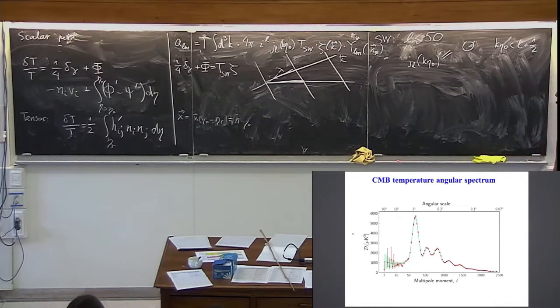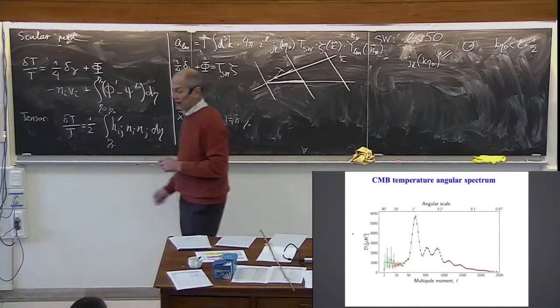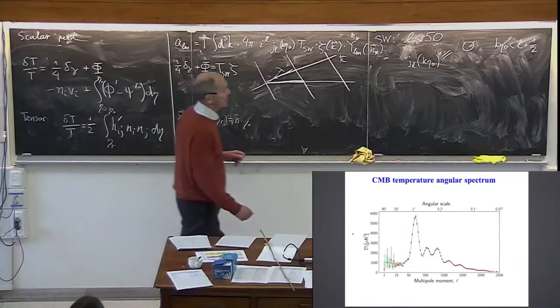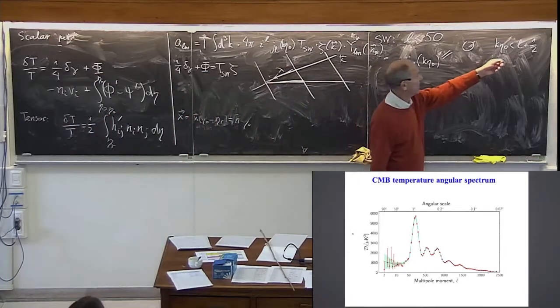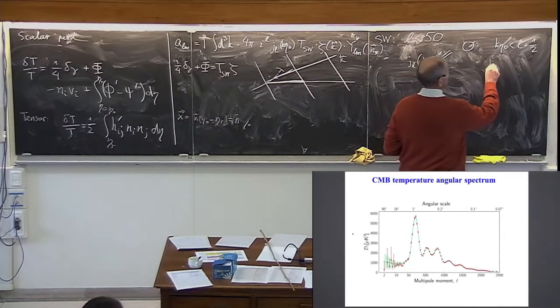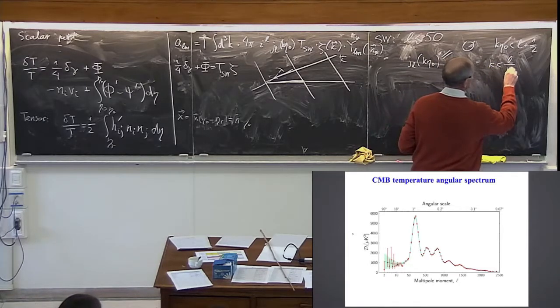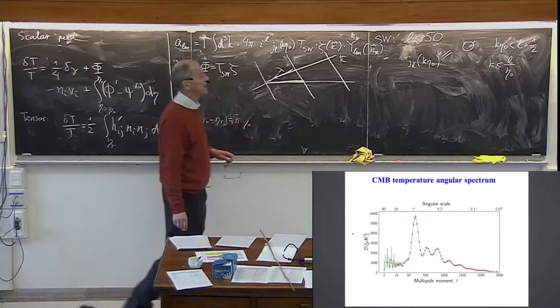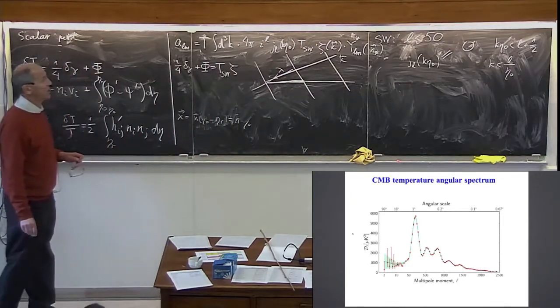So that's why only modes of momenta higher than this typical scale, k larger than L over eta naught, contribute. Only modes of momenta higher than this contribute to my perturbation.